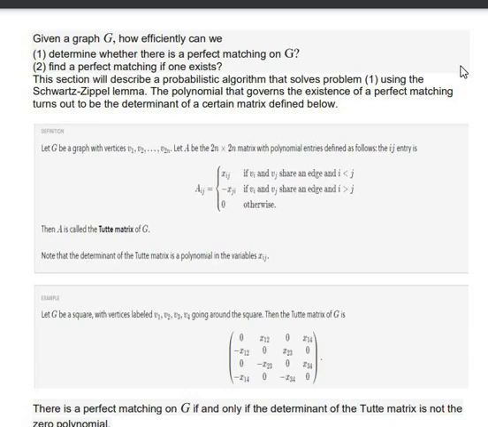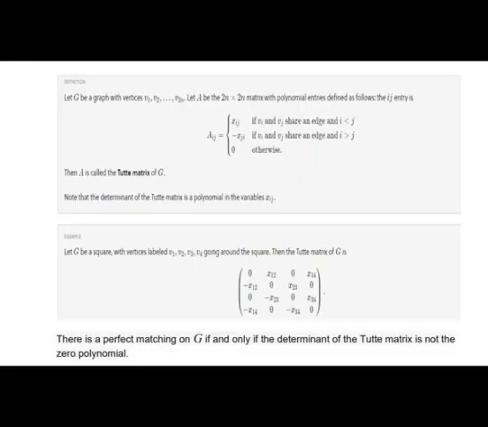This section will describe a probabilistic algorithm that solves the problem using the Schwartz-Zippel lemma. The polynomial that governs the existence of a perfect matching turns out to be the determinant of a certain matrix defined below. First, we make this graph into a matrix. Each entry in the matrix, the Tutte matrix of G, is given by certain rules.